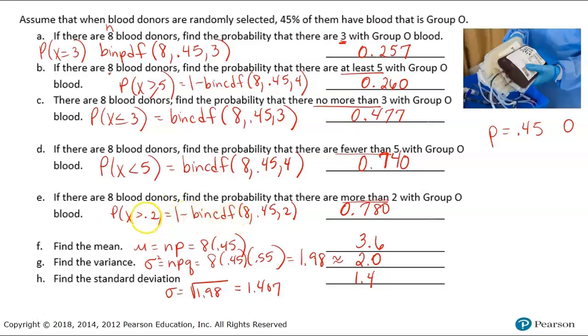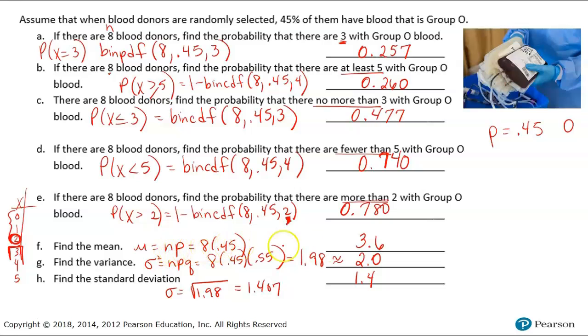And since greater than 2 would be starting here at 3, then the complement itself is actually going to end at 2, and that's why this 2 is here.